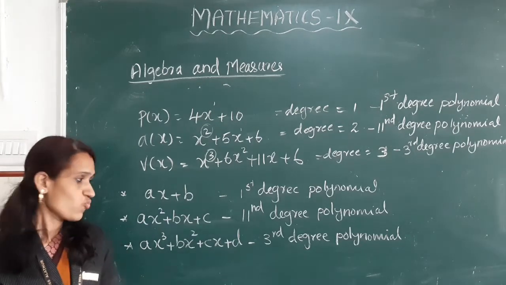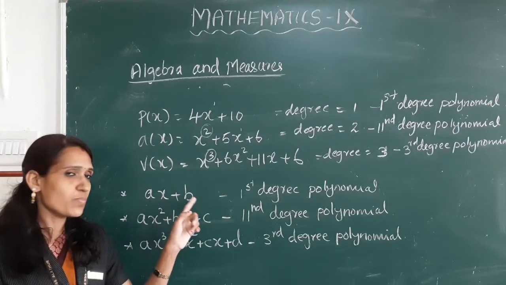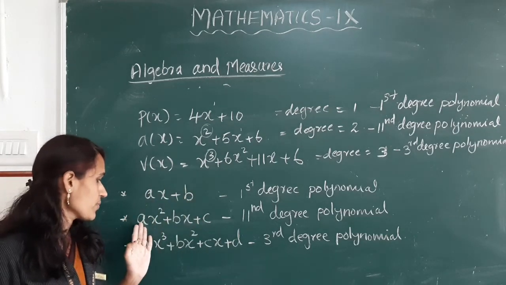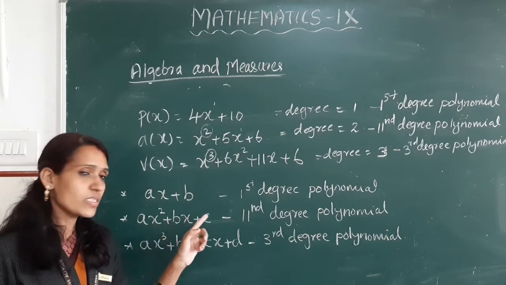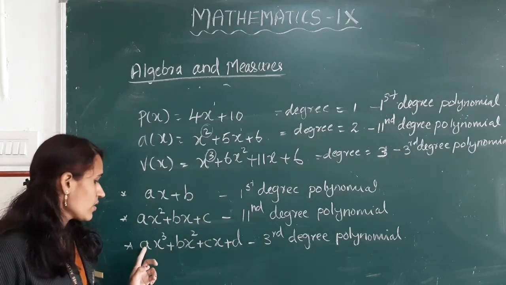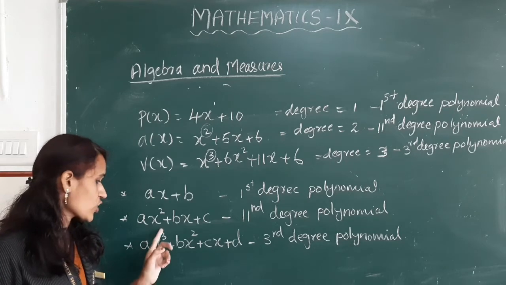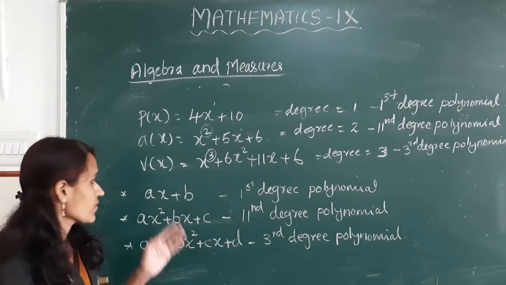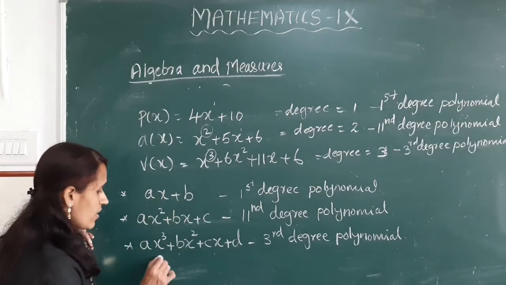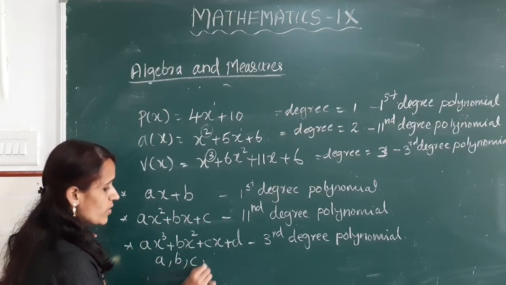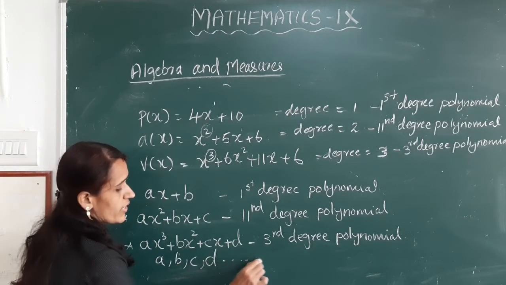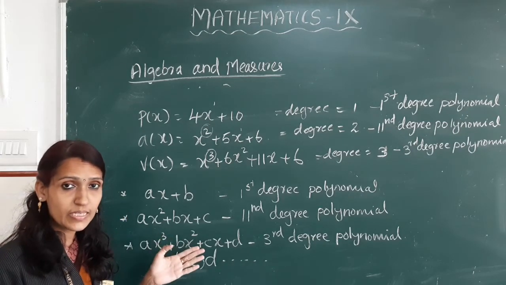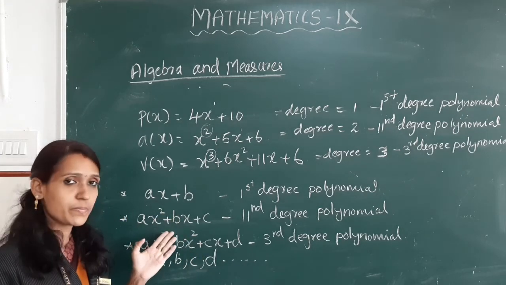Okay, first degree polynomial is ax plus b, second degree polynomial is ax square plus bx plus c, third degree polynomial is ax cube plus bx square plus cx plus d. In all these, a, b, c, d, etc. represent numbers.